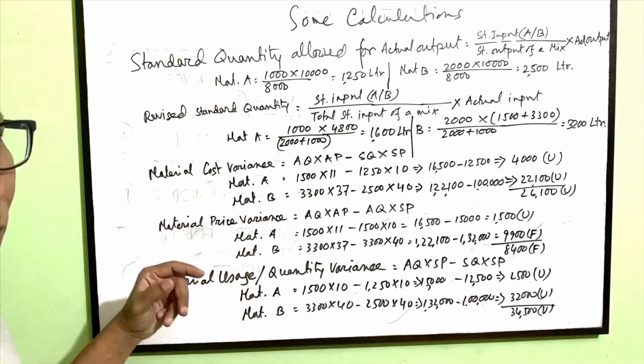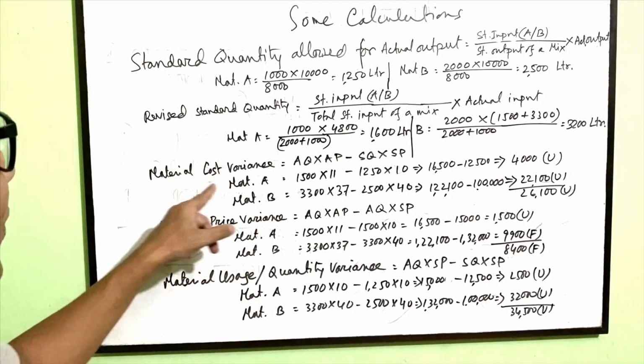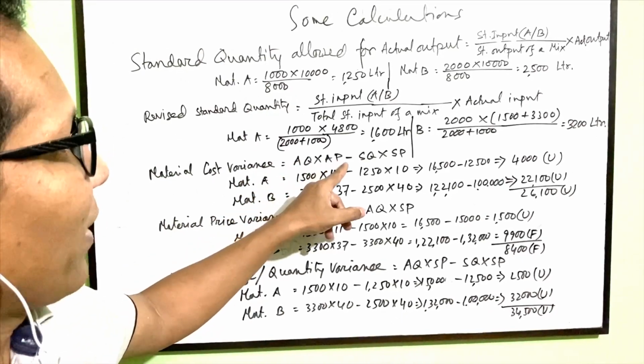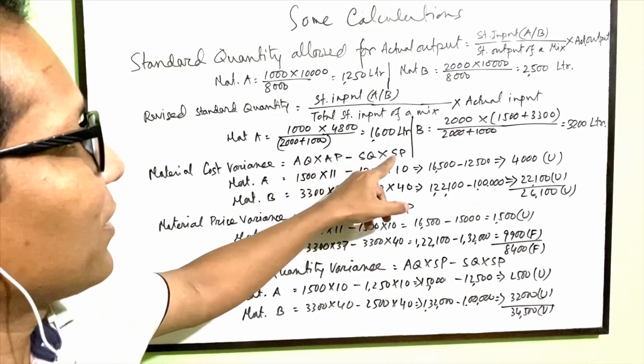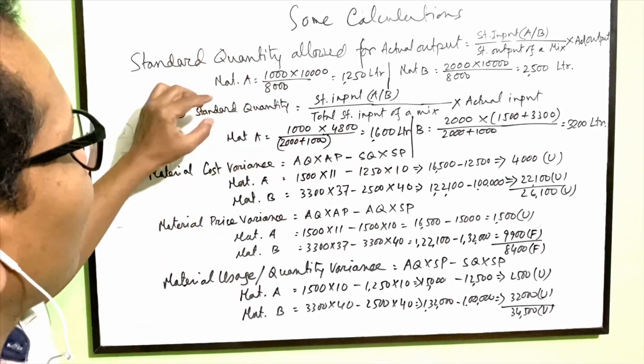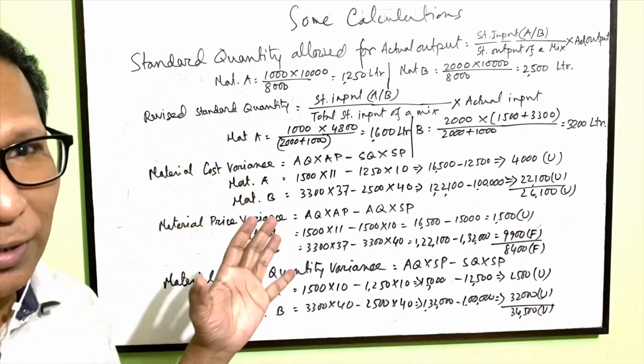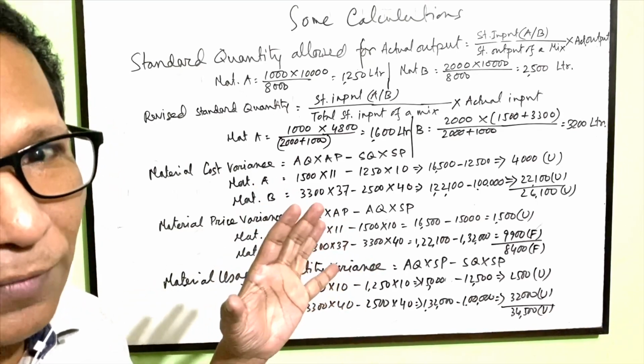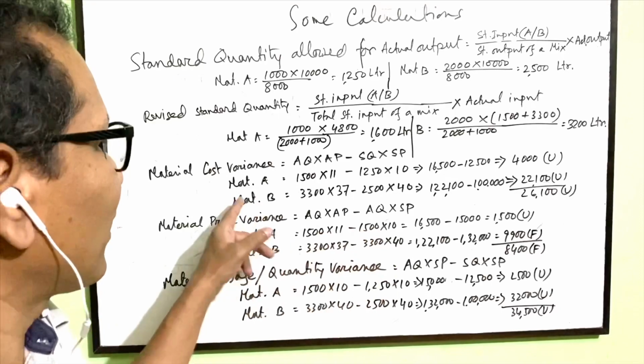Now we calculate material cost variance. The formula is actual quantity into actual price minus standard quantity into standard price. Using the formula, we just put in the figures to calculate material cost variance.